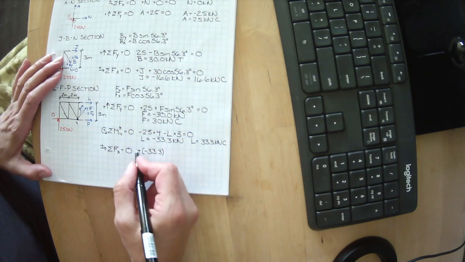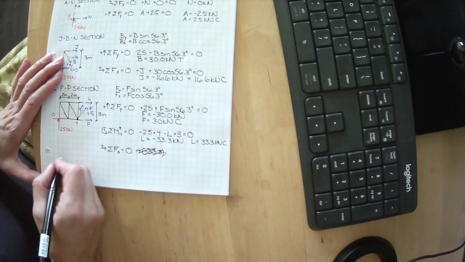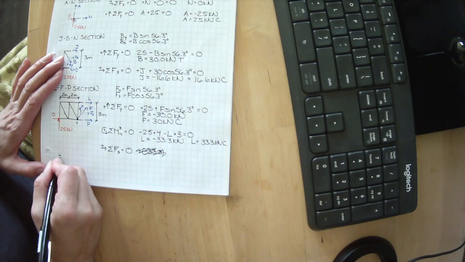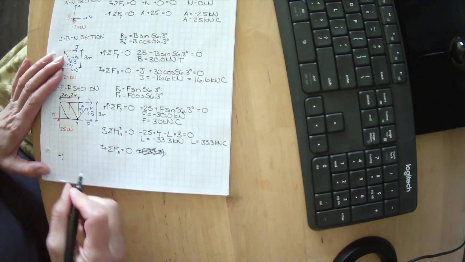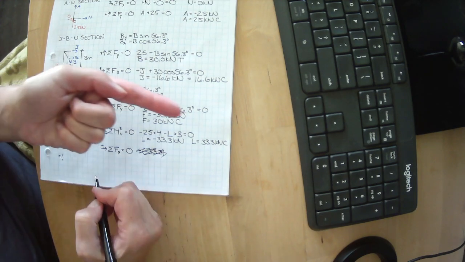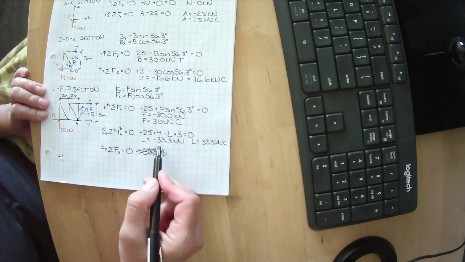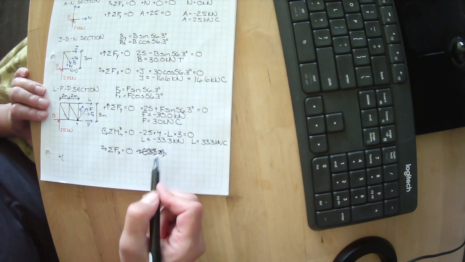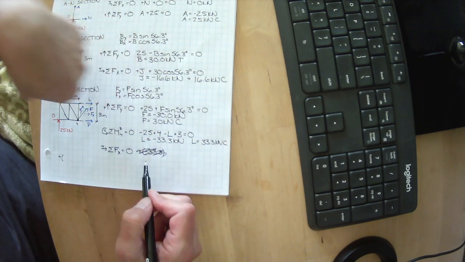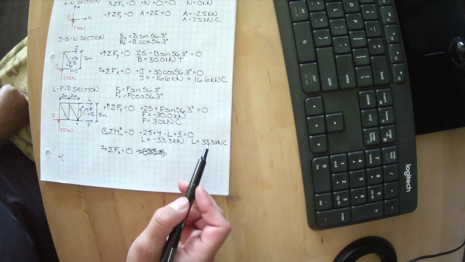We have our Fx, which is going in that direction there. I'm going to write this over here because we're going to need a little more room. So our L, we've drawn our arrow going in our positive direction, but we've solved for it and we know it's a negative 33.3. We could come back and redraw this arrow going in that direction and use a positive 33.3.